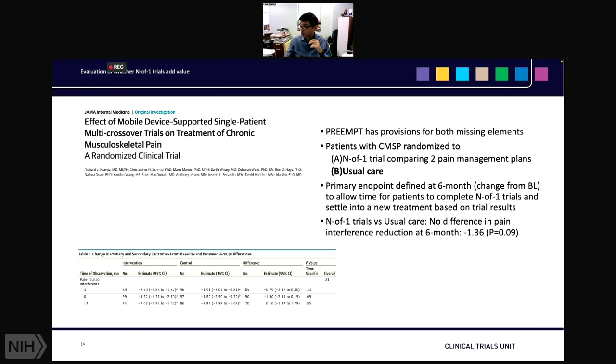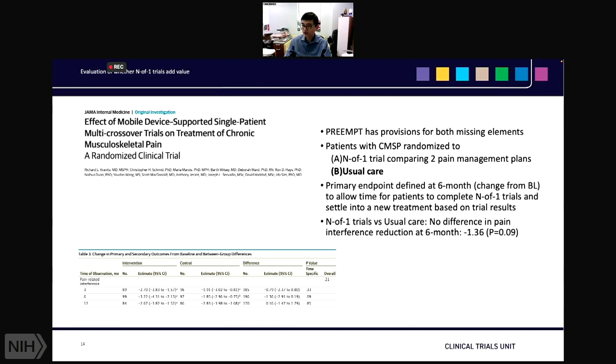But as we look at the data more closely, there's some marginal indication that the N-of-1 arm has resulted in a larger decrease in the pain interference.